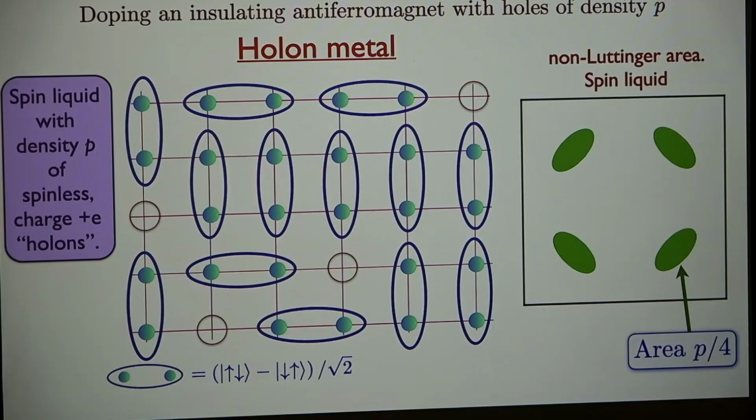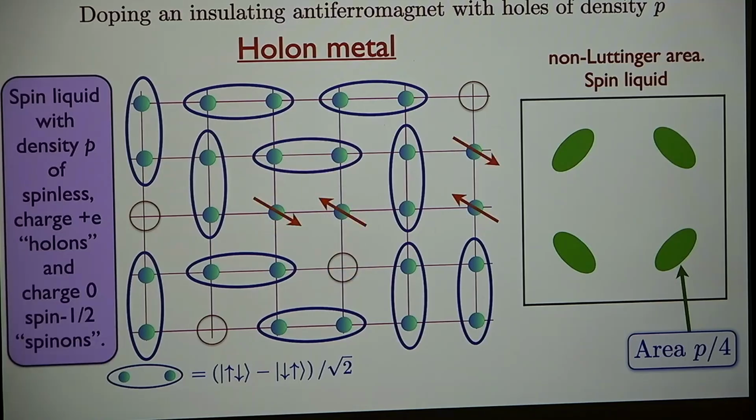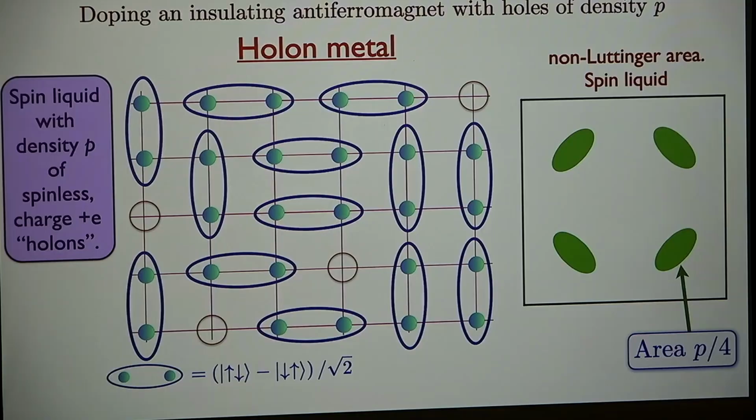They can resonate, and the sites can move around. As the sites move around, you see that you're carrying charge, but you're not carrying spin. So these vacancies have charge e but spin 0, in a spin liquid background. In an antiferromagnet, they actually do have spin 1/2 and charge e. But here they have charge e and spin 0.